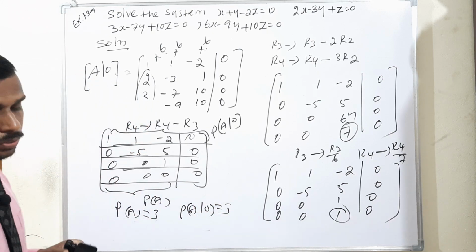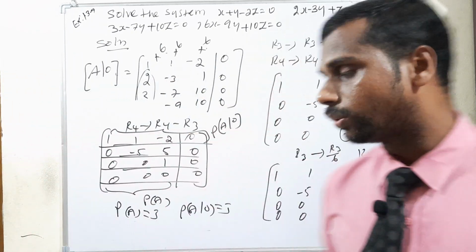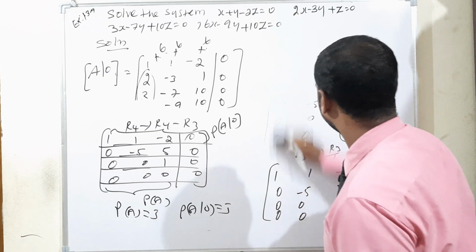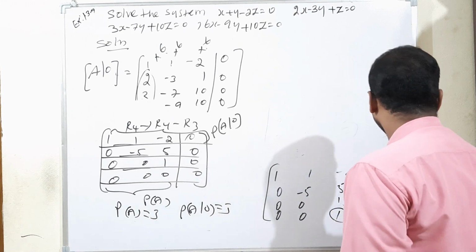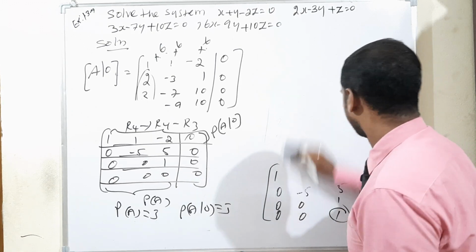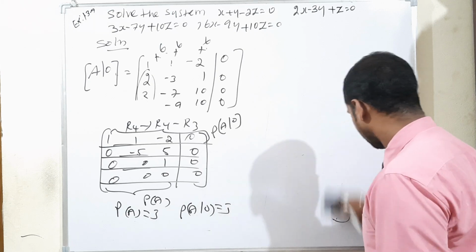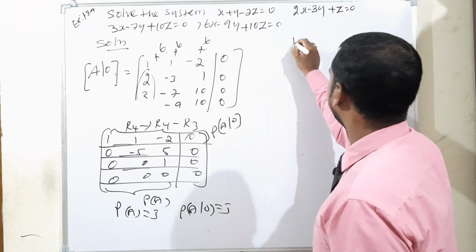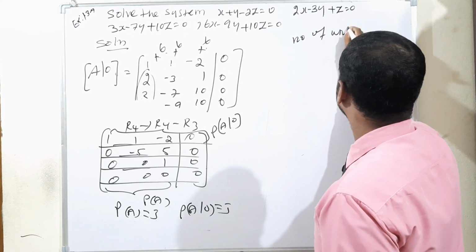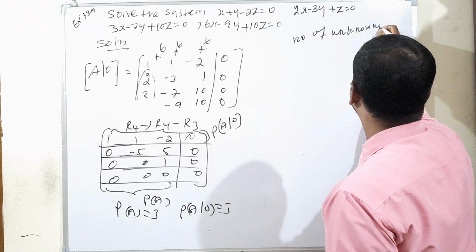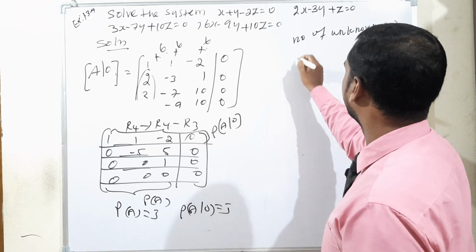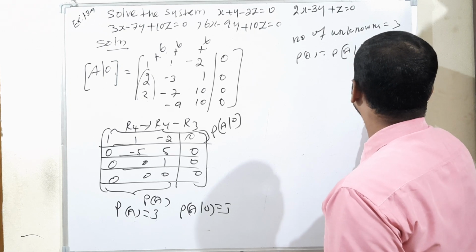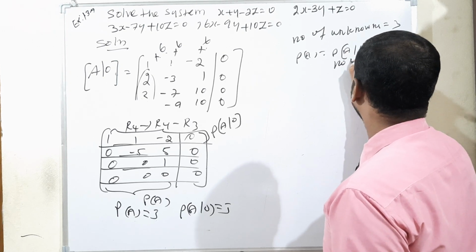So number of unknowns is equal to 3. So everything will be equal, no? So rank of A and rank of A with O are equal to the number of unknowns.